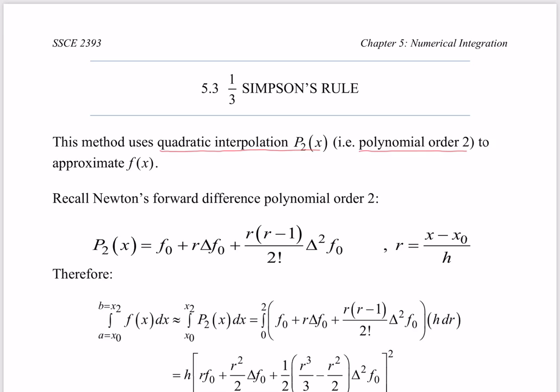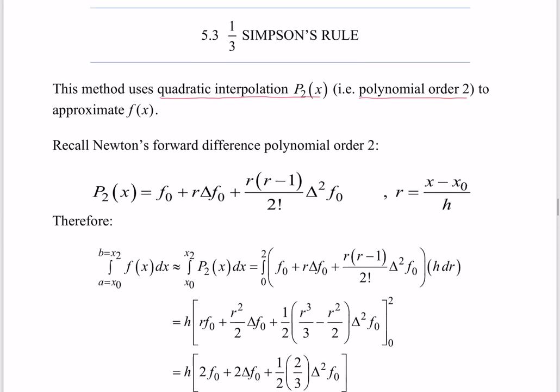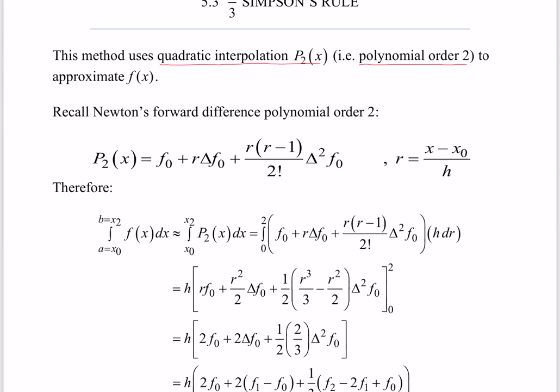And then we derive the formula, and we can integrate our function f(x). This is where the Simpson rule formula comes from.